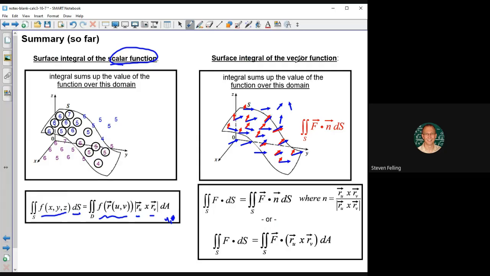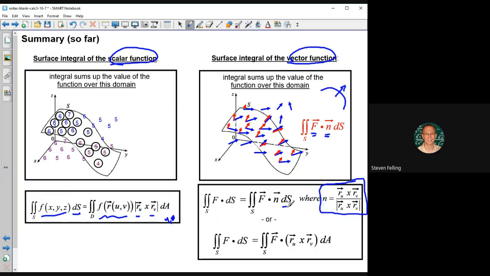If we're taking a surface integral of a vector function, then we have to take the vector field dot product with the normal vector, defined outward when the surface is curving, which again is computed from the cross product. Technically it's F dot n dS, but the n is a normalized version of ru cross rv.